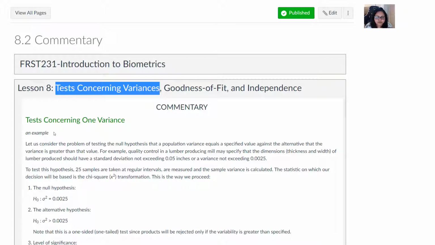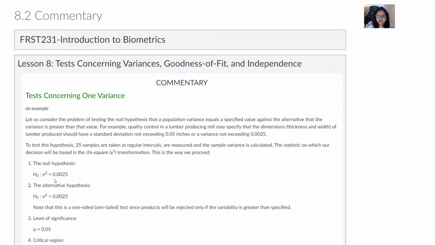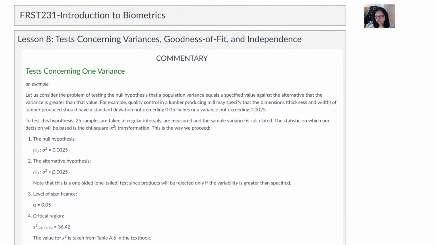Or let's say we want to compare the air pollution of two countries, and how much variation we have within the data set. If we want to do that, then we have to compare the variability in those two countries' weather conditions. That's what I would show you in this video.